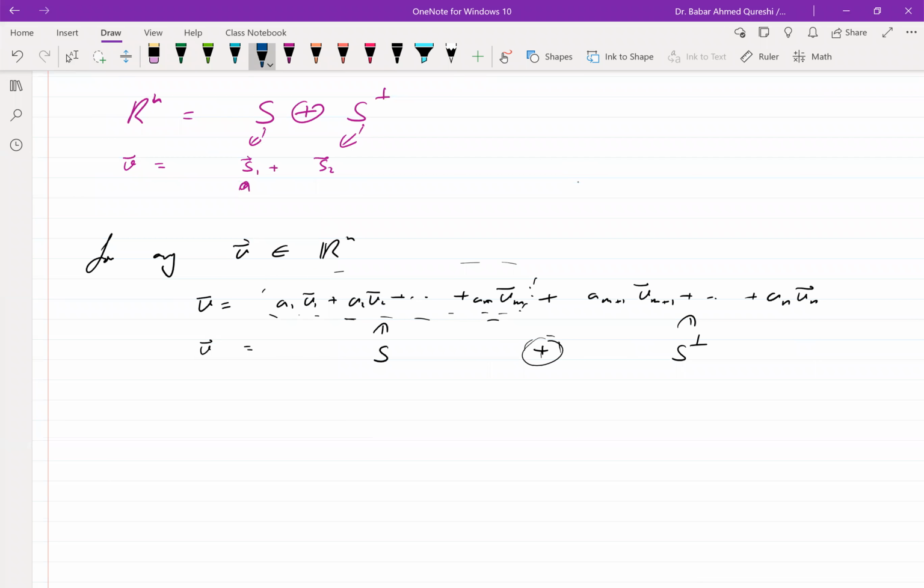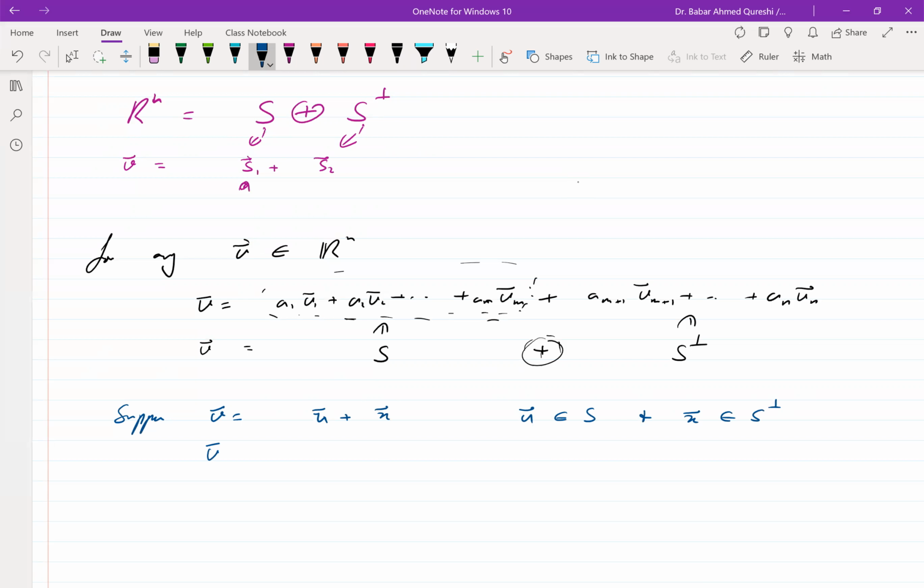So suppose V can be written as U plus X, where U belongs to S and X belongs to the orthogonal complement.